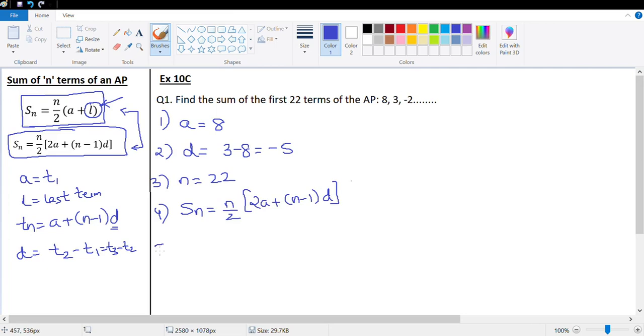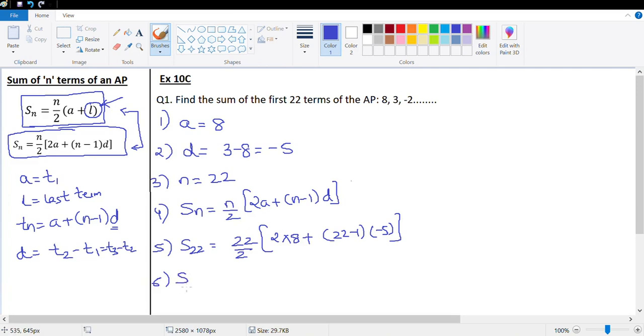Let's substitute values. So the sum of 22 terms is equal to 22 upon 2 times 2 times a, a is 8, n minus 1, that's 22 minus 1 times d. d we calculated was negative 5.